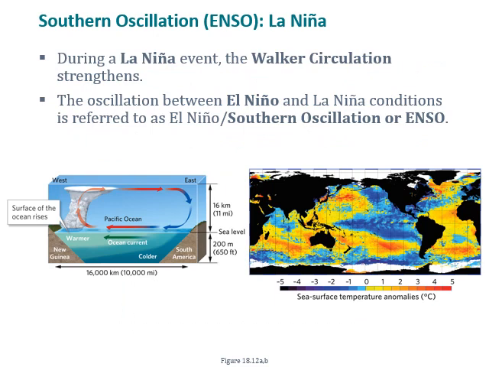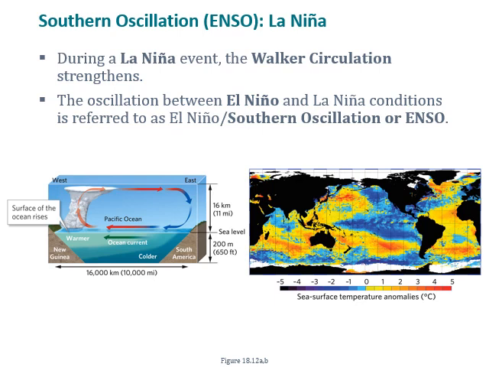During a La Nina event, the Walker circulation strengthens, moving warm surface waters from the west coast of South America towards the coasts of Oceania, producing heavy rains in the oceanic islands. This is shown in the figures below.